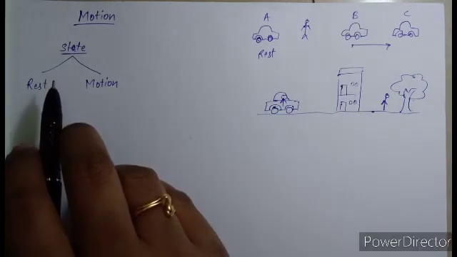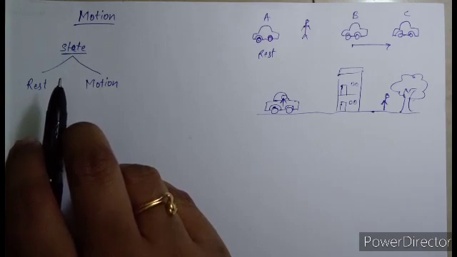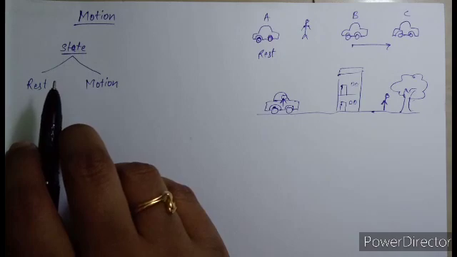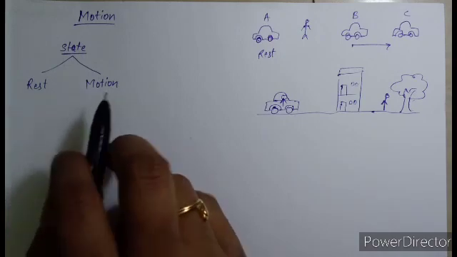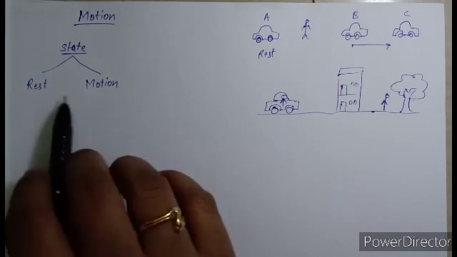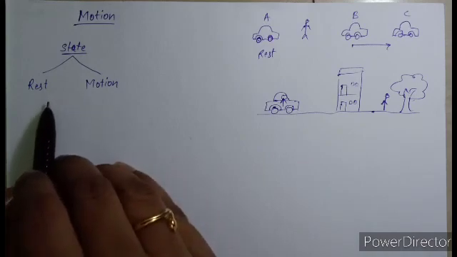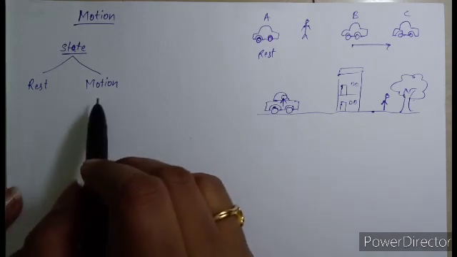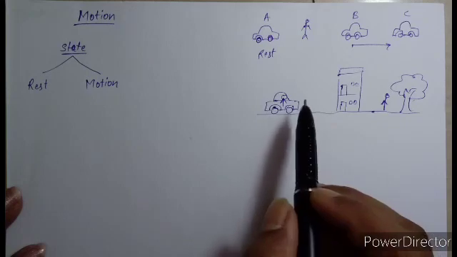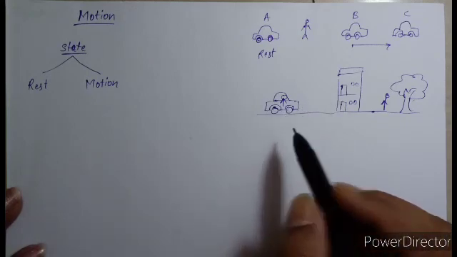That means a body is at rest or in motion depends not just on the body but also on the state of the observer. So we can conclude that rest and motion are relative terms.